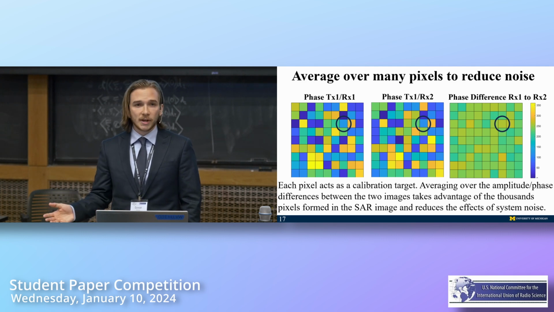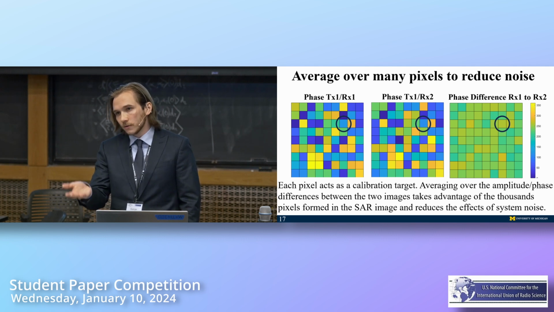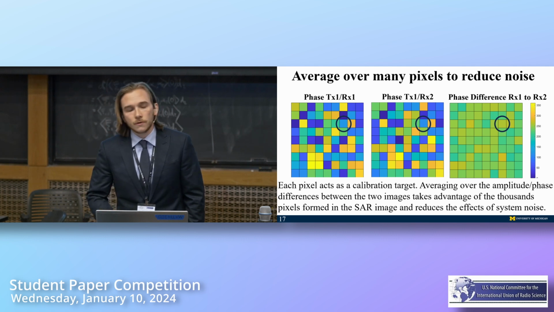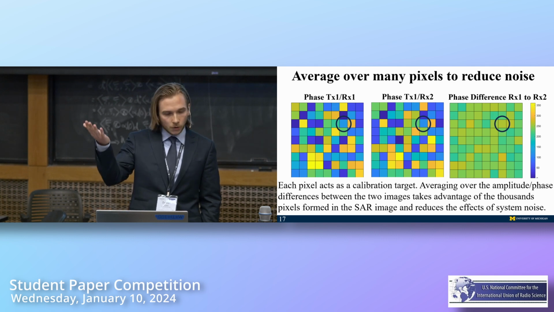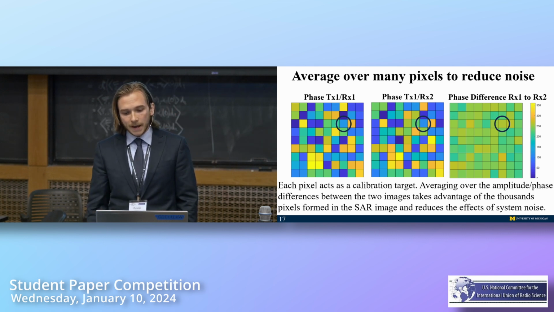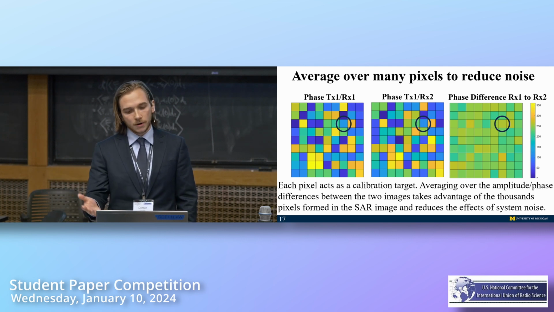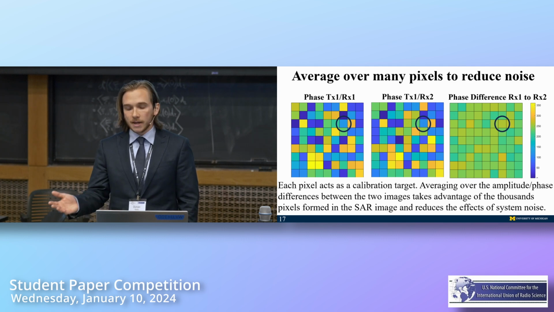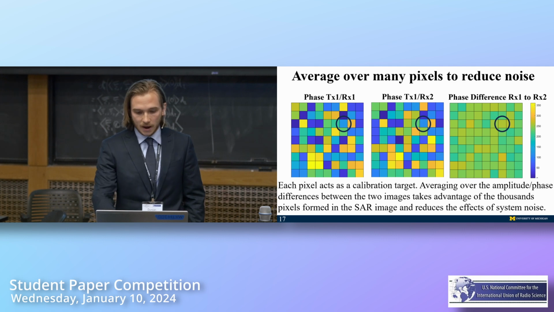So some of the pixels are going to have higher strength than the noise floor, and others will have signal levels that fall below the noise floor. So if you select the pixels that are SNR greater than 1, eliminate the other pixels, and average over the many pixels that you have left, then you can significantly reduce system noise just through averaging.